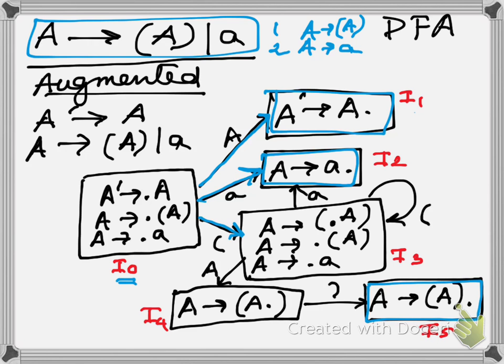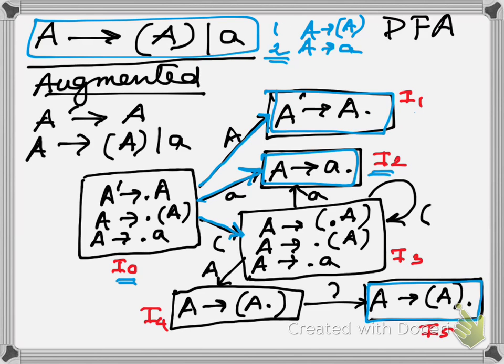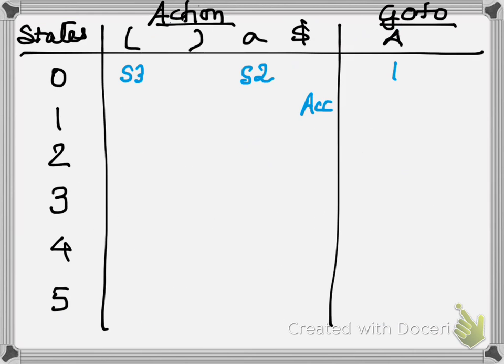So reduce by which production? Production number 2. So for state 2, I2, we will write reduce 2. Here reduce means you reduce using a production, and 2 is the production number that you want to reduce.